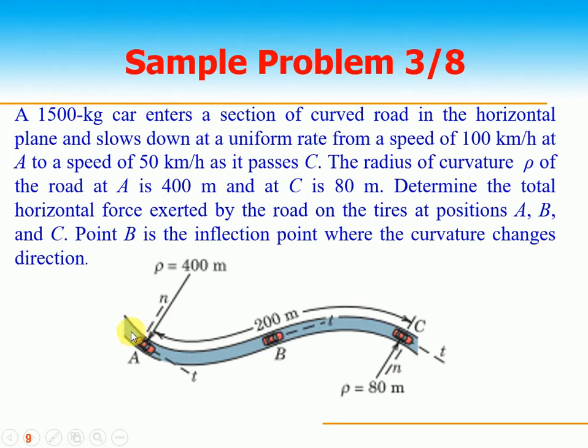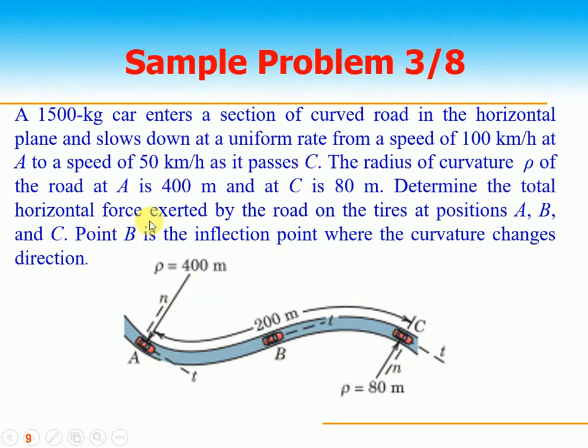At point A, if you see, it is a downward convex, and then it reaches point B, where the curvature changes from downward to upward, and the speed of 100 km per hour at A goes to 50 km per hour as it passes point C. So the radius of curvature rho of the road at A is 400 meters and at C is 80 meters.